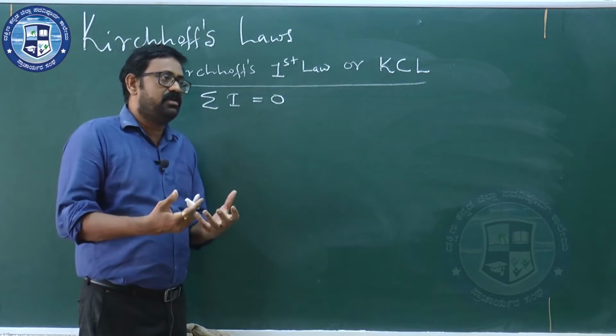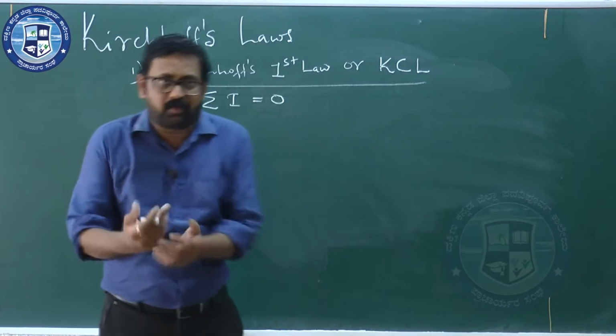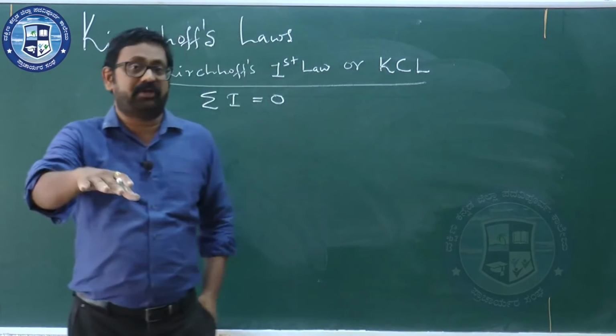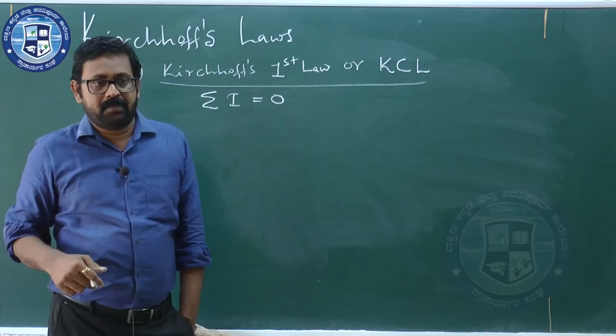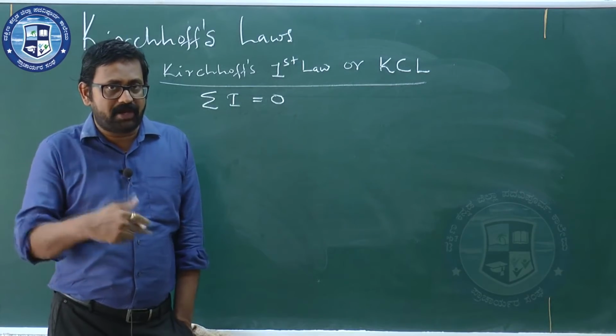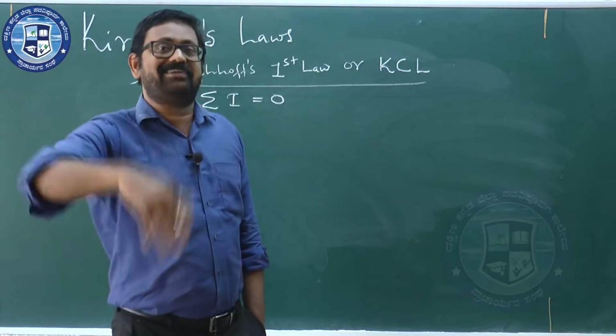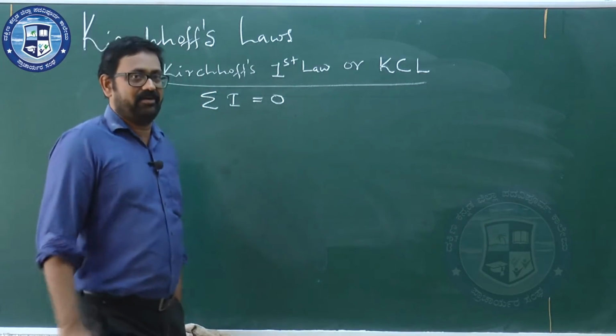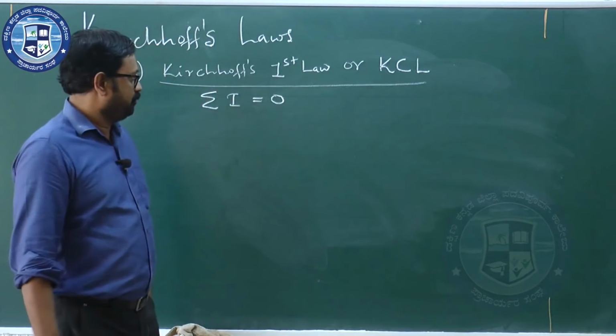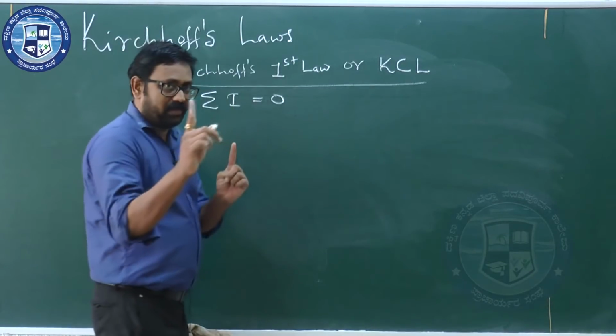Now the next question is how to apply this law in a given network. It is a very important one we are supposed to understand. And when I explain how to apply this law in an electrical network, at the end you will come across one more alternative statement for Kirchhoff's current law or first law. So keep in mind whatever statement I said.